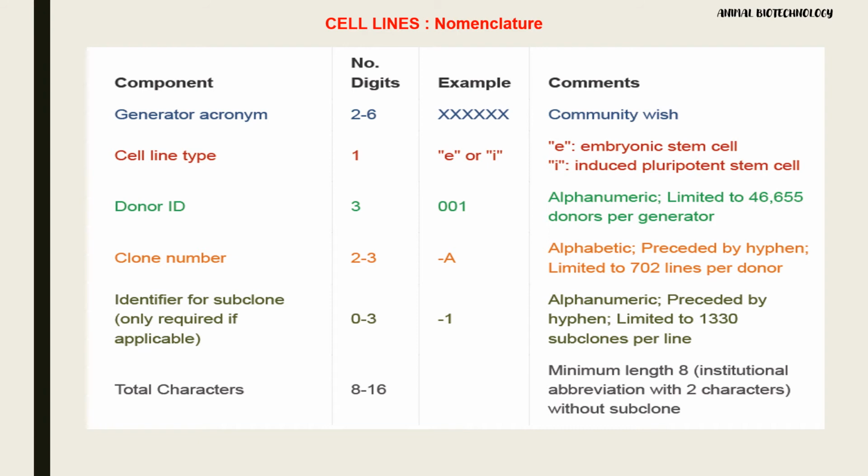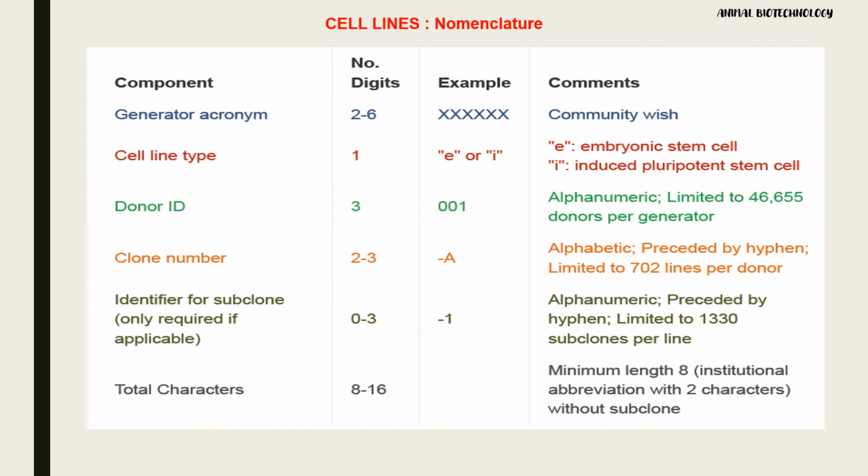The first part of the code is 2 to 6 characters, which includes the name of the generator or donor. The second letter is a single character which denotes the cell line type, that is, whether it is an embryonic or induced pluripotent stem line. The third, the donor ID, is a 3-digit number.